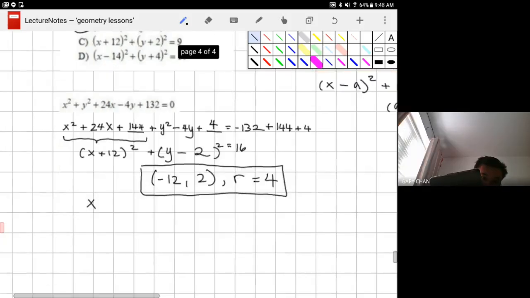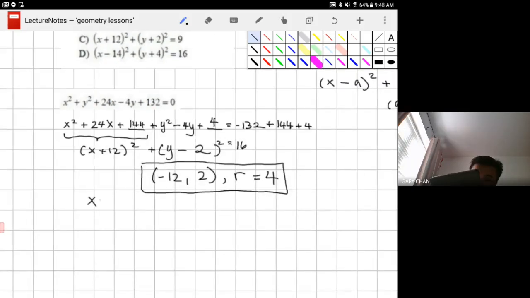Because the equation of a circle, if you recall, is x minus a squared plus y minus b squared equal to r squared, right? So if r squared is equal to 16, Michael, what would make r? It would make r equal to 4. That's it. Okay?